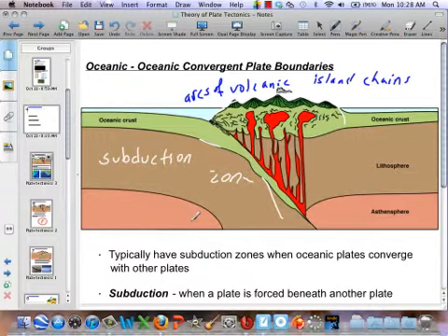Yes, the Aleutian Islands are a perfect example of that. The Japanese islands, the Marianas Islands, the Philippine Islands, all these islands mimic the shape of the trench. They run parallel to the trench. So that's when we start getting all these volcanic islands along these trenches that encircle the entire Pacific coast.